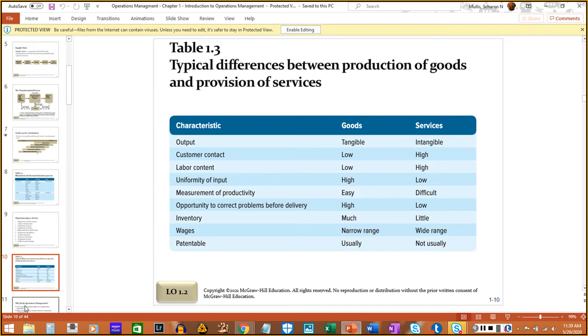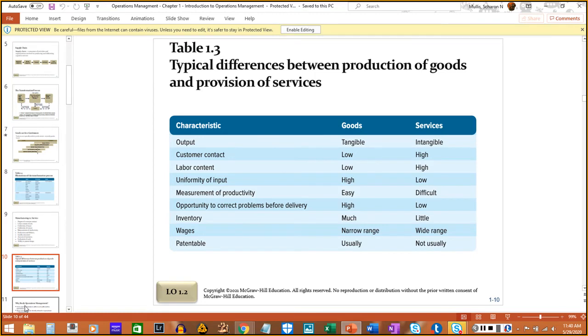So an example of that would be like a hotel. You have to have people at the front desk. You have to have people at the swimming pool. You have to have people working there, cleaning, cooking meals at the hotel. So the labor content for a service is high.